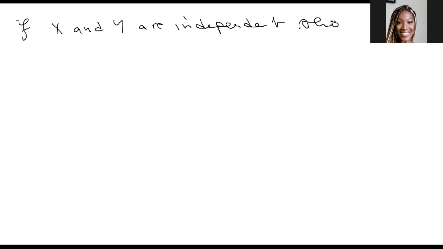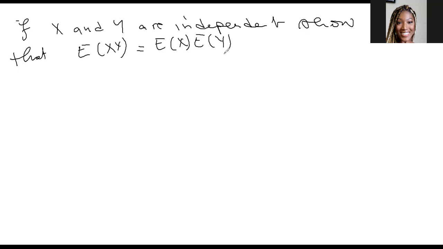So now, if x and y are independent, show that E of x times y is E of x times E of y. So we will do the same thing.